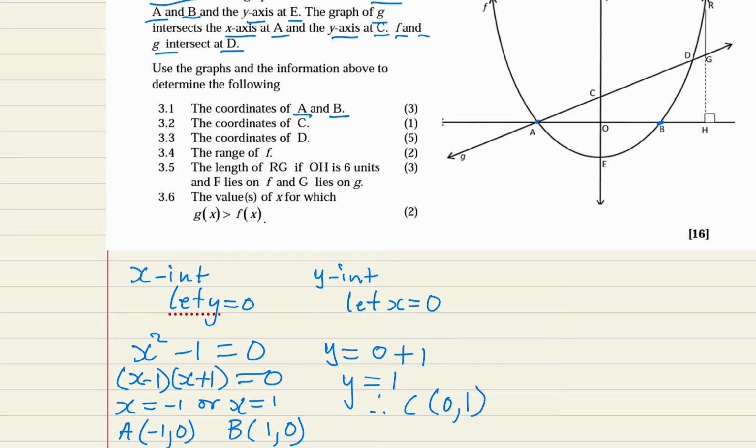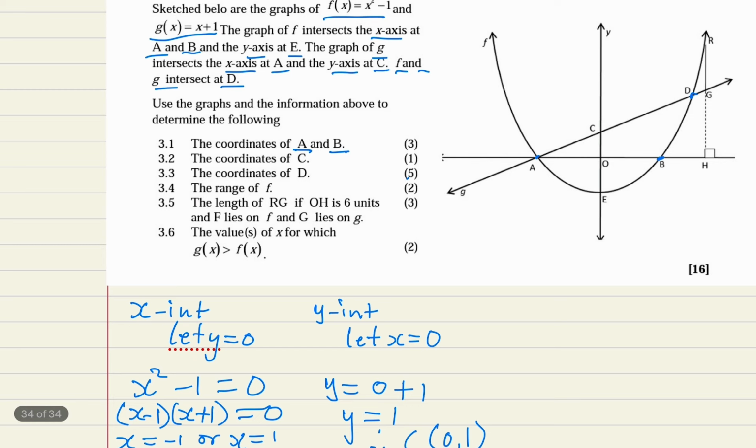Okay, now they are looking for the coordinate of D, the point of intersection. There it is there, okay? So I'm going to say f of x is equal to g of x. That means here I will have x squared minus 1 equals to x plus 1. Then I take x plus 1 to the other side.